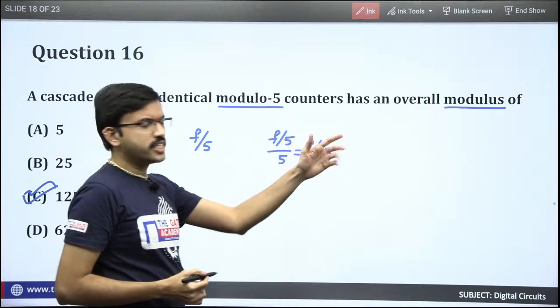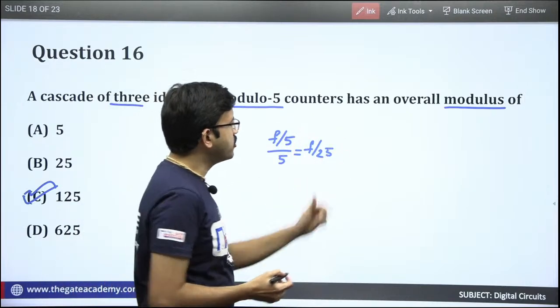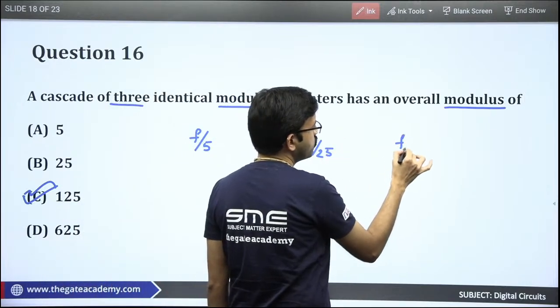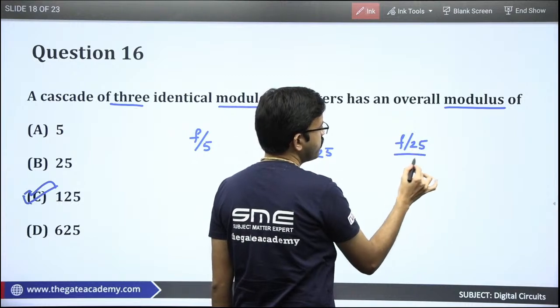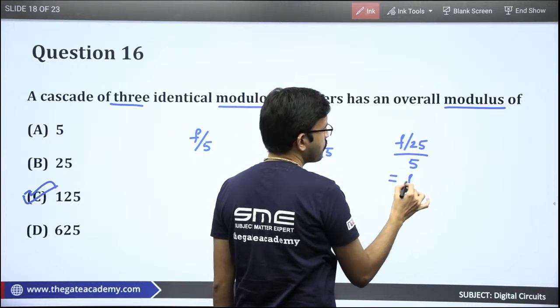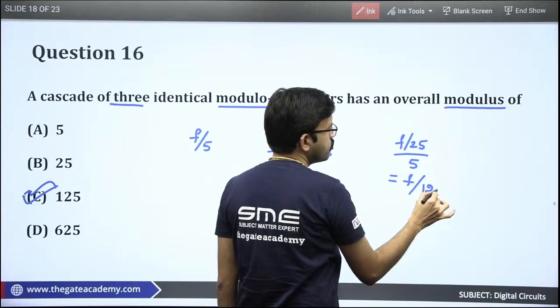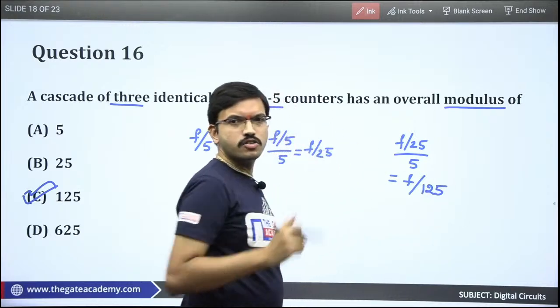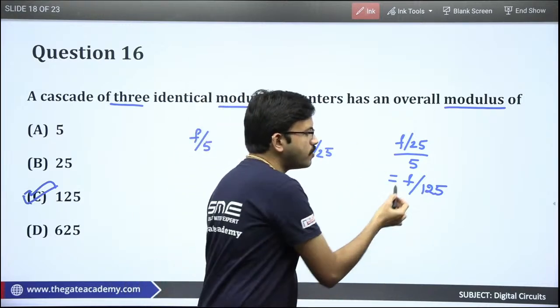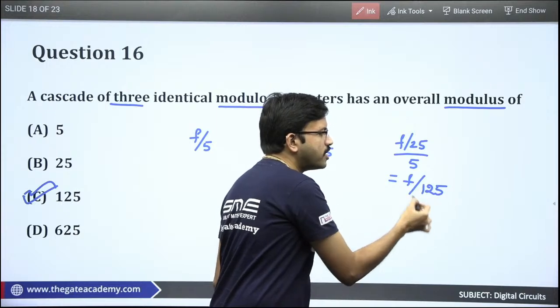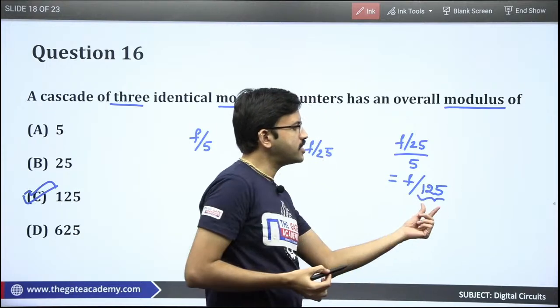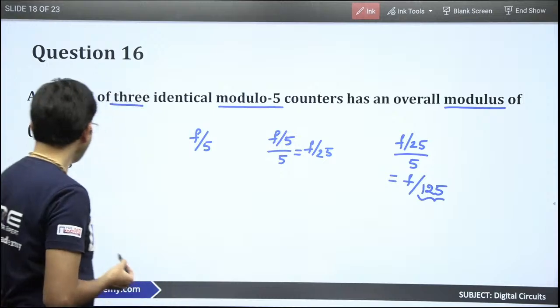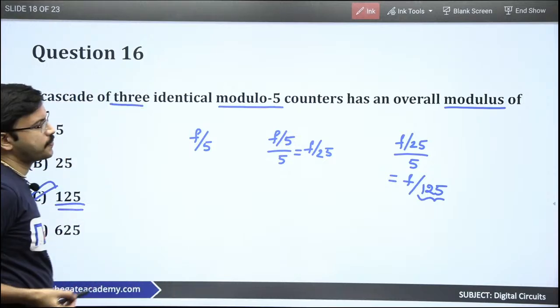For the third stage you are giving f by 25 as the clock signal, so f by 25 divided by 5 is f by 125. Whenever you have a mod n counter, the output frequency is f divided by the number of states. Here 125 corresponds to the number of states, so the overall modulus will be 125.